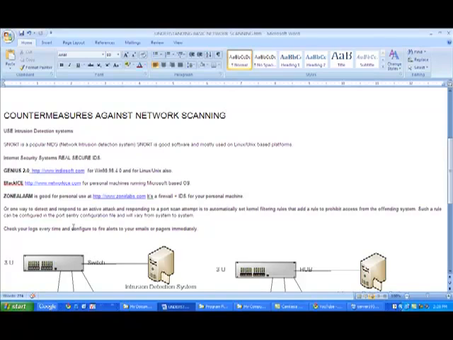But as I told you before, people can still use Nmap and try to ping all your computers using port 80. So the best way is usually to use a network intrusion detection system. There are basically two types of network intrusion detection systems: one is software based and one is hardware based.